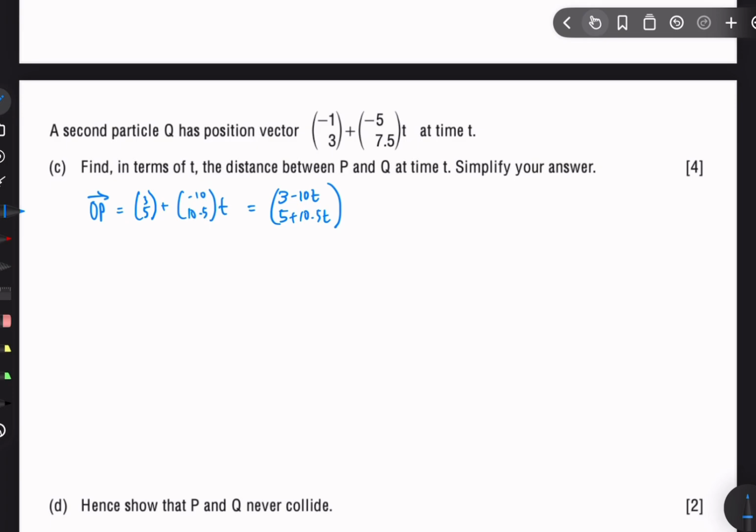We can also rewrite OQ. We can write that as PQ, which will then be OQ minus OP. And we'll just sub everything in.